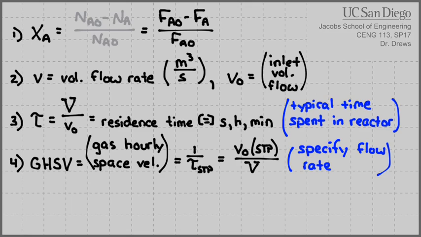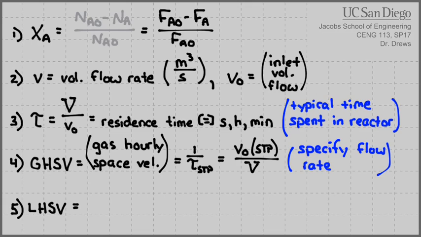So if I tell you the reactor is 1 cubic meter and the gas hourly space velocity is whatever, such and such per second, you can back out what the flow rate is under standard temperature and pressure. There's not much else to gas hourly space velocity. And in fact, most literature doesn't really use that anymore anyway. But depending on how far back you go in time, you'll experience it.